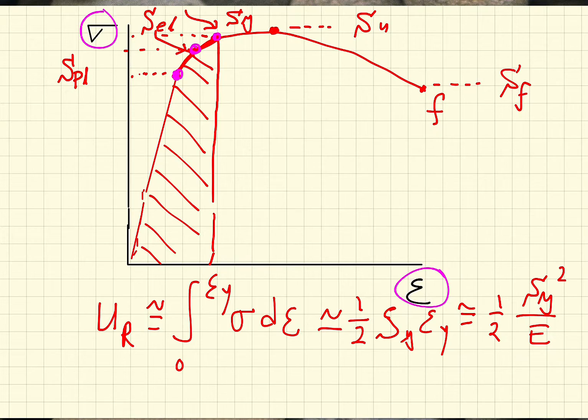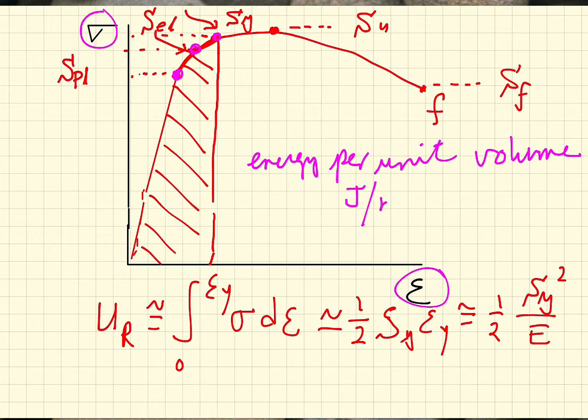The area under the curve is the resilience, which is the energy absorbed per unit volume. Energy per unit volume, in joules per meter cubed, for example, is the modulus of resilience.